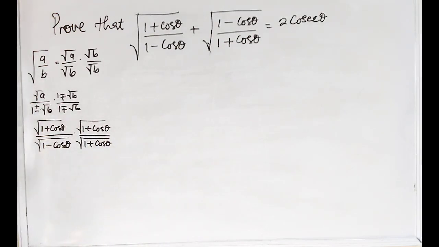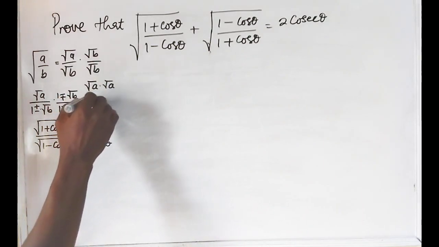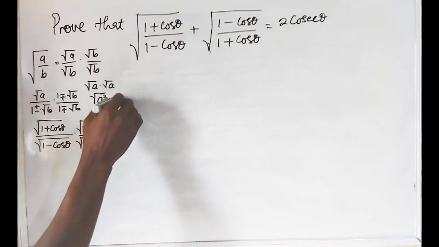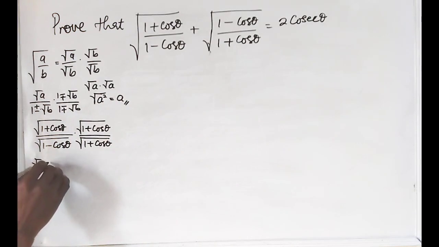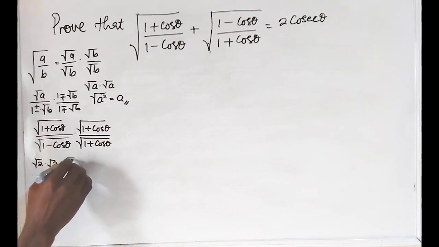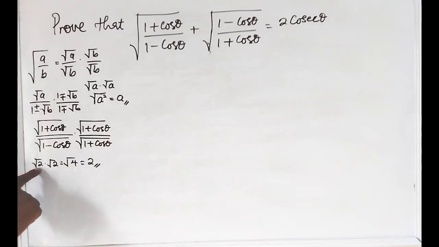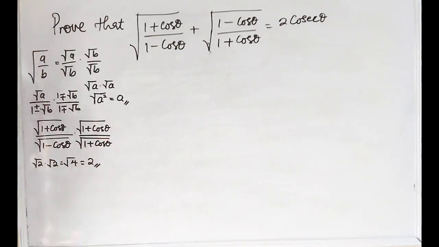Let us recall that the square root of a times the square root of a gives the square root of a squared, which is a. For example, the square root of 2 times the square root of 2 is the square root of 4, which is 2. So the square root of a number times the square root of the same number gives the exact value of that number.